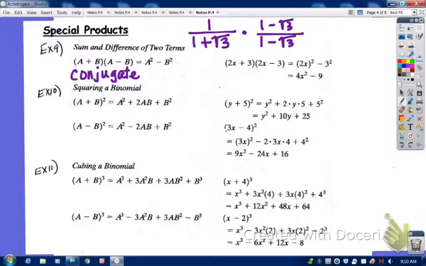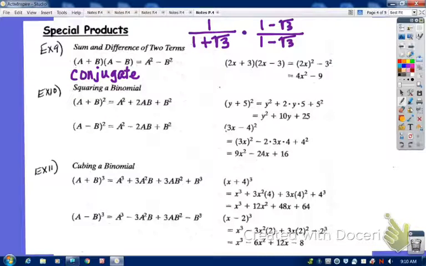It says a plus b times a minus b. Anytime you're multiplying two binomials that are exactly the same except the signs are opposite, you don't have to multiply out the long way. You don't have to multiply 4 terms because the two middle terms are always going to cancel.